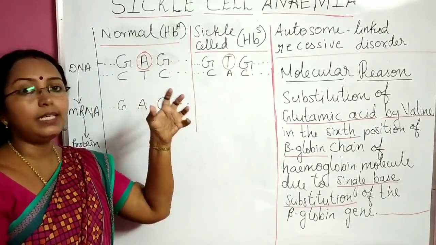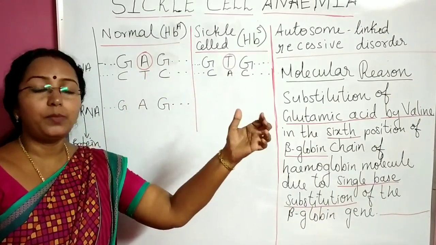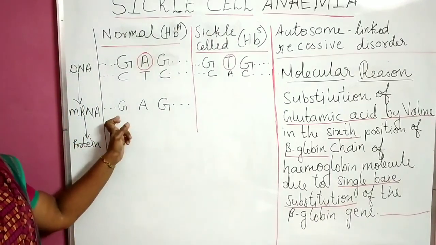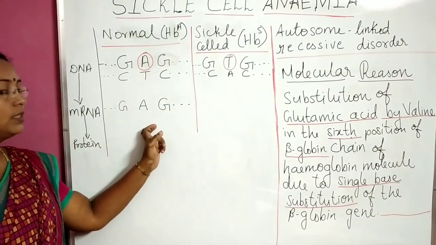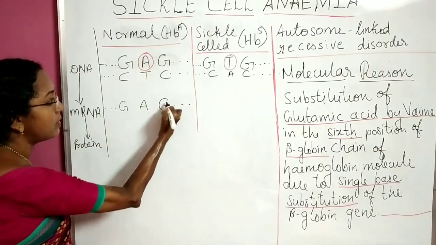Which strand and why, you will learn in detail in the next chapter, the molecular biology chapter. So here GAG is produced. How is it produced? Complementary to this particular strand.